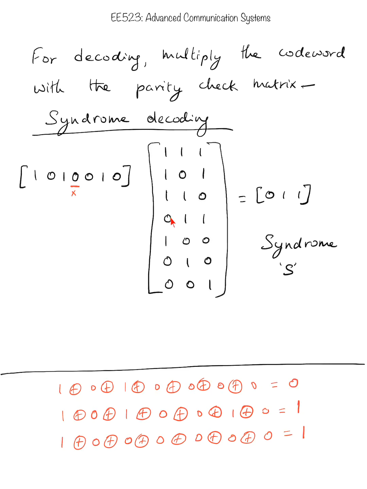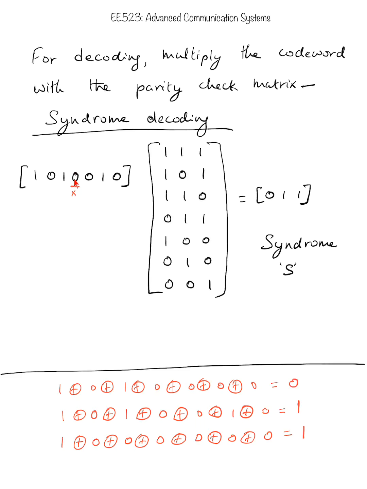Because it matches with the fourth row, that indicates that the error is in the fourth position, right? So the next job is just to flip the fourth position to the other value. If it's 0, make it 1. If it's 1, make it 0.